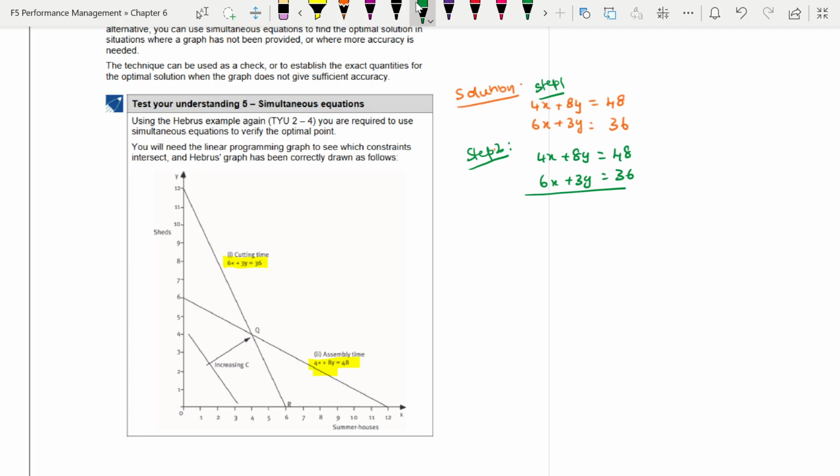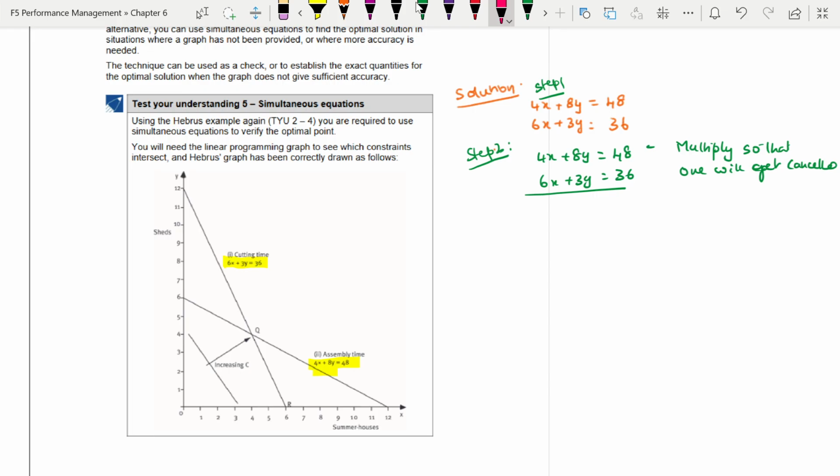We have to multiply by a factor so that one variable will get cancelled. You multiply with both.